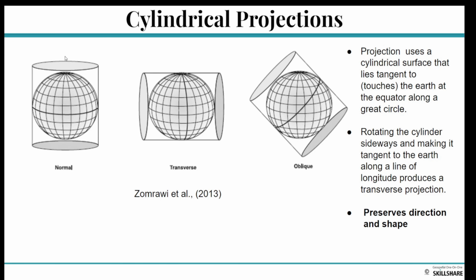Now, if you look at the globe from the top here, the gap between this globe and the cylinder top, with the light radiation coming, is going to make whatever that is here look bigger than it actually is. And the same thing will happen when you are looking at the globe from this side or this side. However, when you look at the globe from where it is touching the cylinder, we are going to get exactly how things look like. And so this is a cylindrical projection.